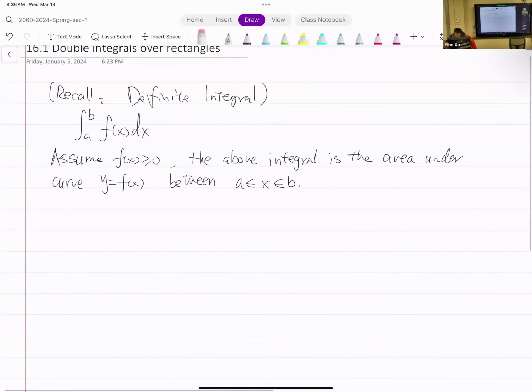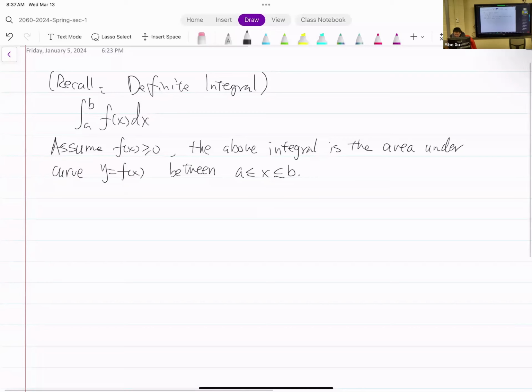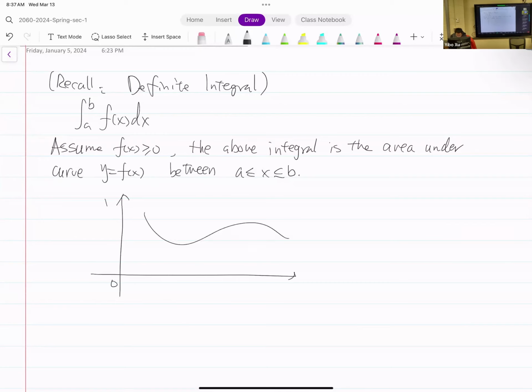And if you recall, this f of x represents the height of the bar, and dx represents the tiny little increment of the width, right? So let's say the function is like this. We have the axes, we have a and b. The function is y equals f of x. The integral here represents the area that's cut between the top curve and the x-axis, and also between the dashed vertical lines, right?